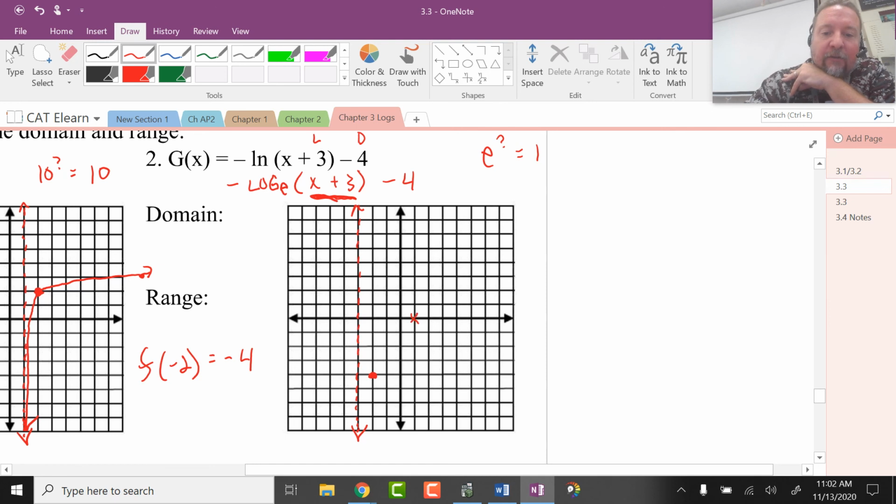It was here for the parent function, 3 left, 4 down. That's what you want to locate, so I need to see that in our graph. It's really hard to do any other evaluations with ln, and we're just going to have to show this flip. So we'll graph it after that and be done with it.